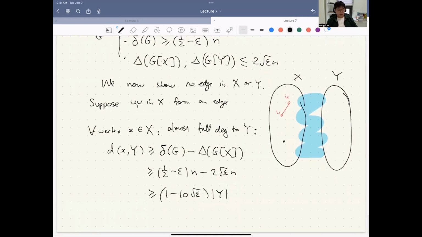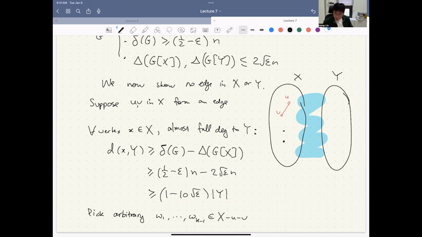Now we're going to pick k minus 1 vertices. If you have a UV edge, you pick arbitrary W1 to W(k minus 1) in X minus U minus V. Okay, not U and V. You pick something else.